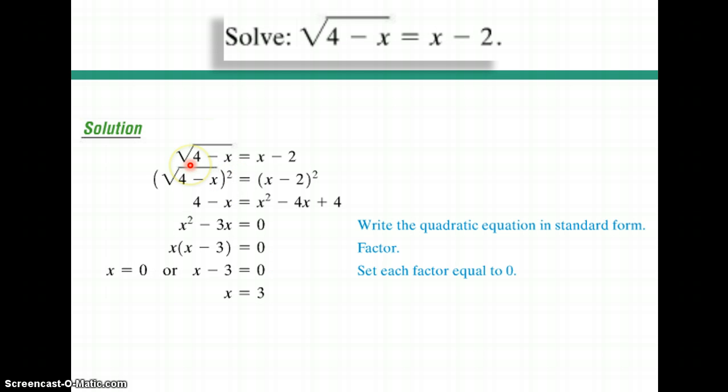Square root of 4 minus x equal to x minus 2 is a radical equation. Here square root of 4 minus x is a radical expression.